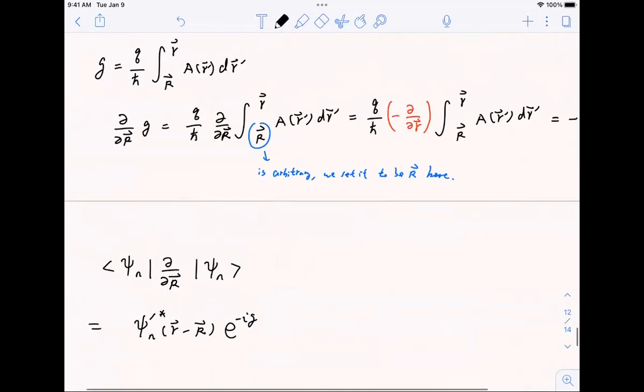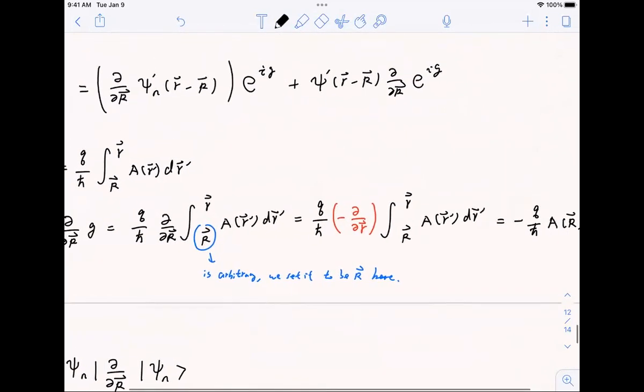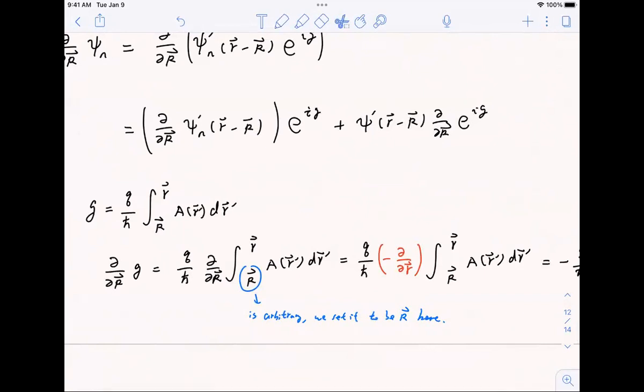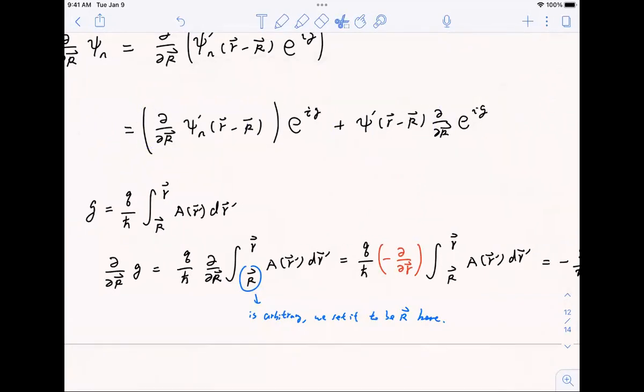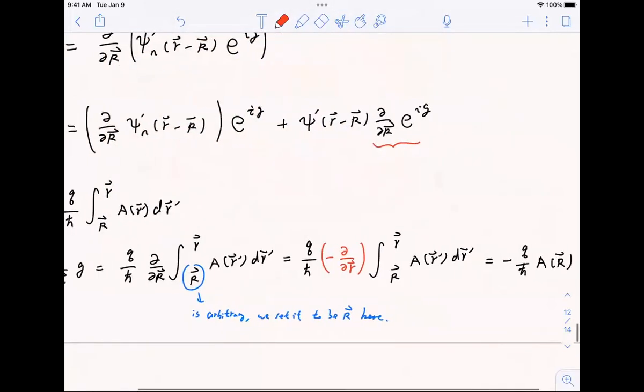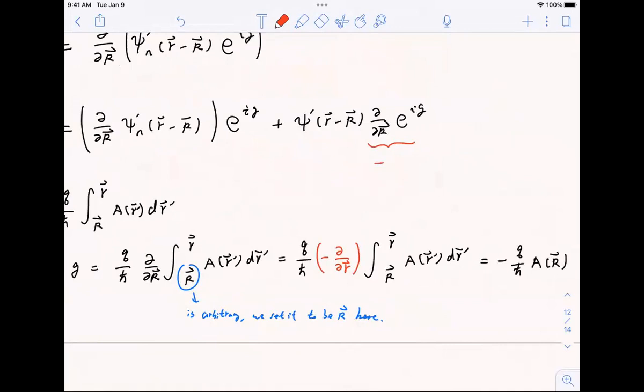And then you take this one. This one will become negative q/ħ A(R) dr.